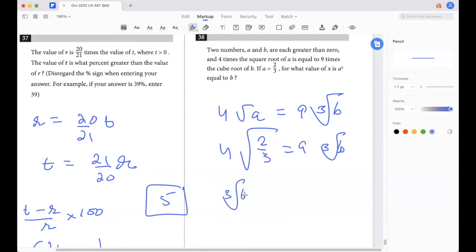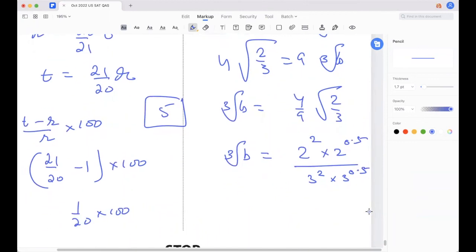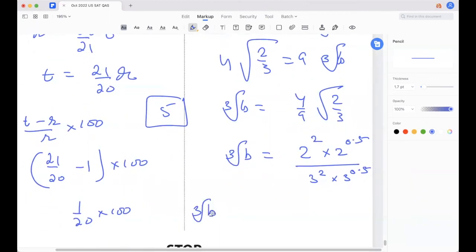So cube root of b is 4 by 9 square root of 2 by 3. Right? So can I say cube root of b is 2 square into 2 to the power 0.5 by 3 square into 3 to the power 0.5. So cube root of b is 2 to the power 2.5 by 3 to the power 2.5.